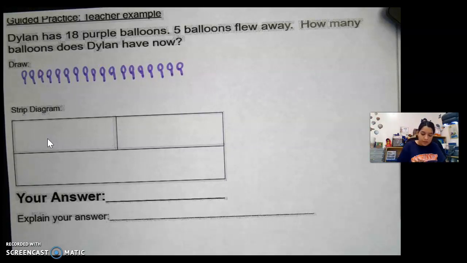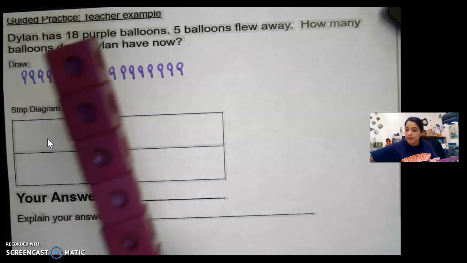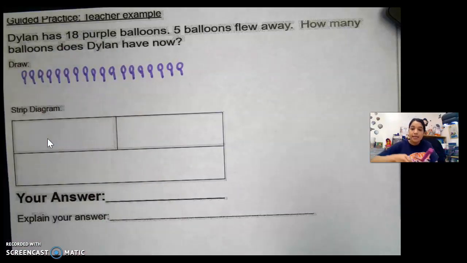Let me count. 1, 2, 3, 4, 5, 6, 7, 8, 9, 10, 11, 14, 15, 16, and 2 more. 17 and 18. So I have 18 purple linking cubes right here.